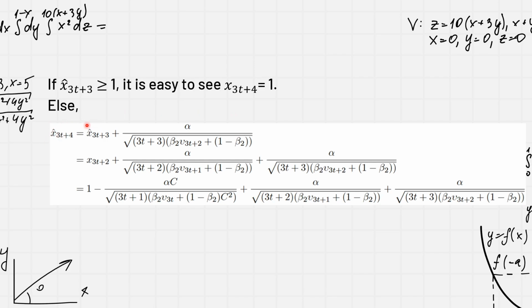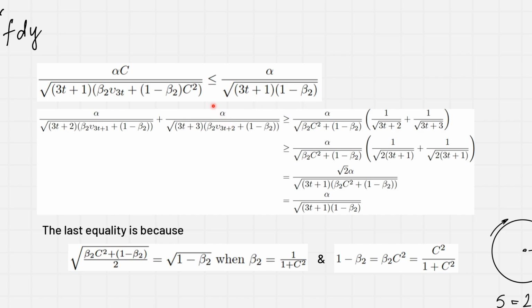Else if x hat_{3t+3} is smaller than 1, here we bring in the equations of x hat_{3t+3} and x hat_{3t+2}. To make this all greater than 1, we have to check that the left term is less than the right two terms added together. If it holds, then we can say that x_{3t+4} equals 1.